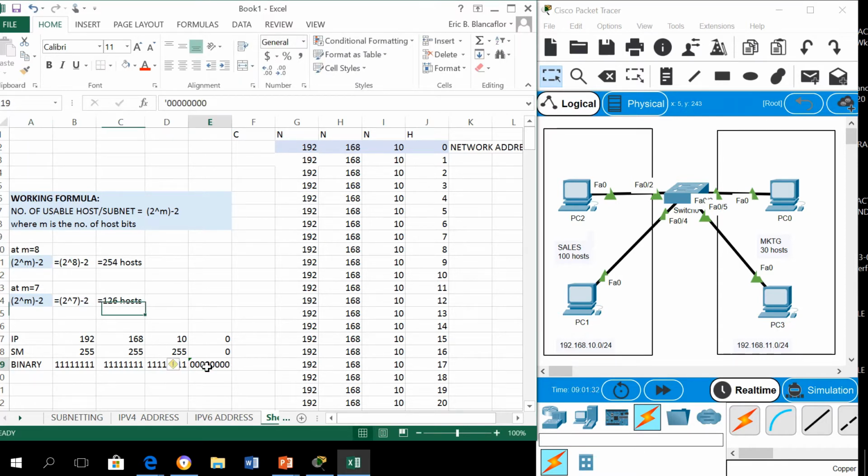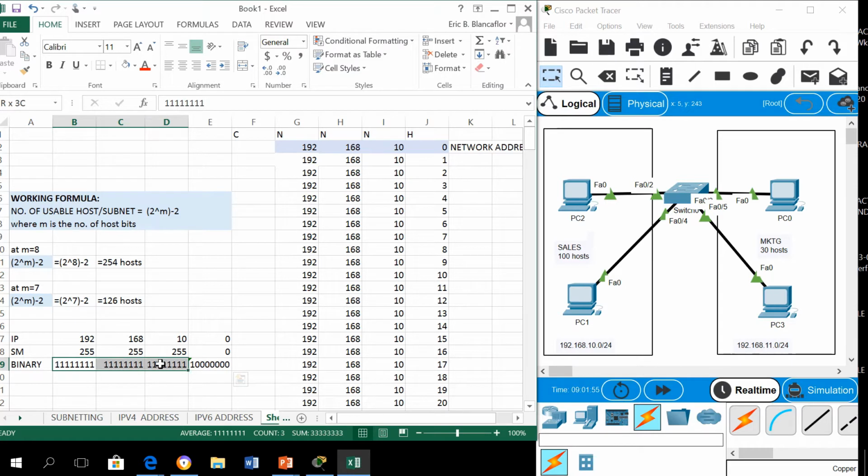So if there are only 7, the number of hosts will be reduced. So what are we going to do with this one? We make it 1. If I make it 1, the number of network bits is added.